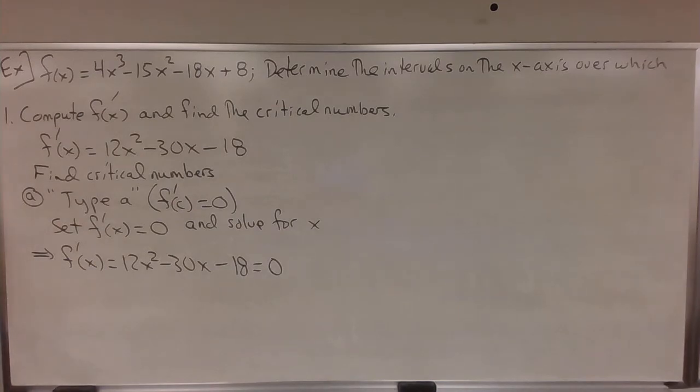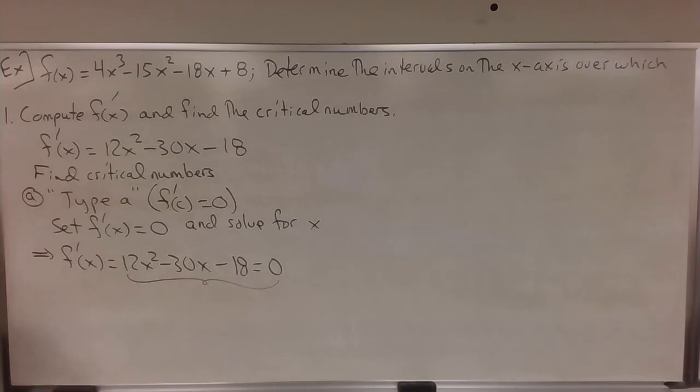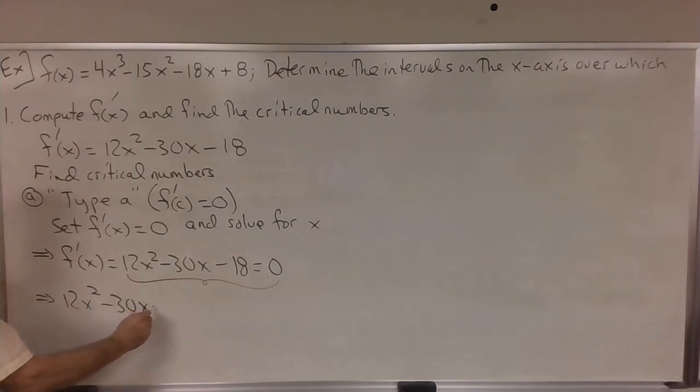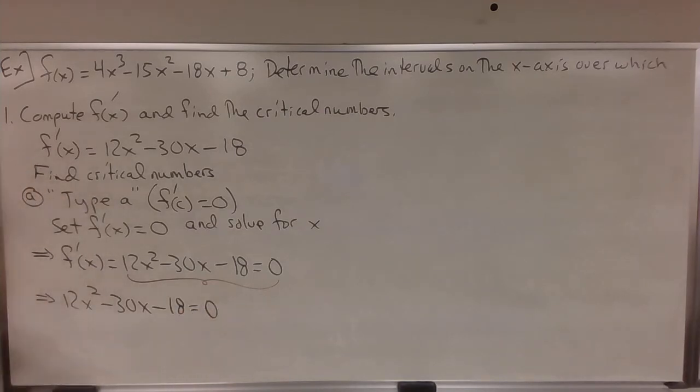So we set the derivative equal to 0. And that means that we have 12x squared minus 30x minus 18 equals 0.